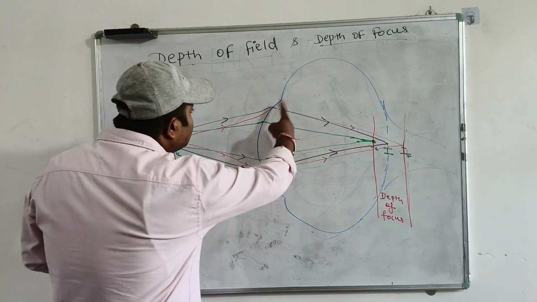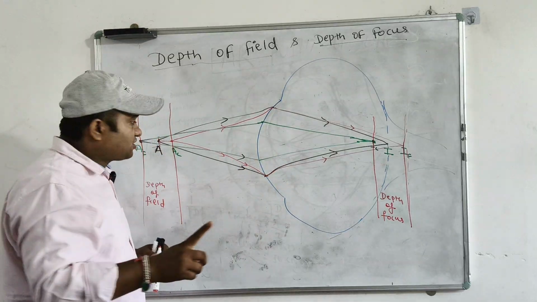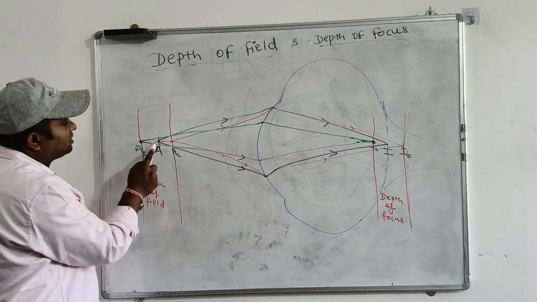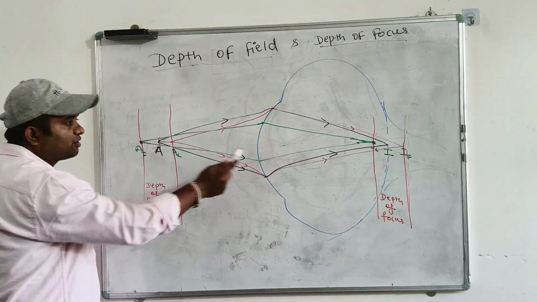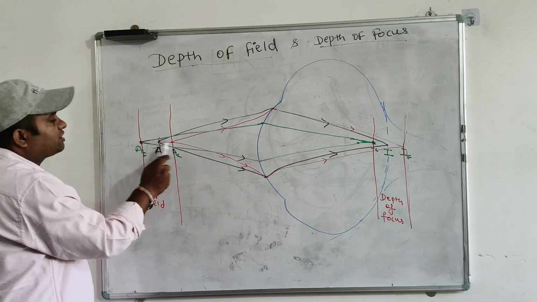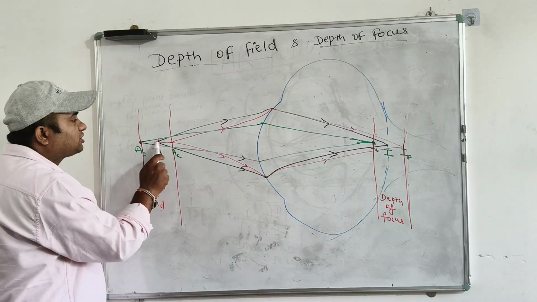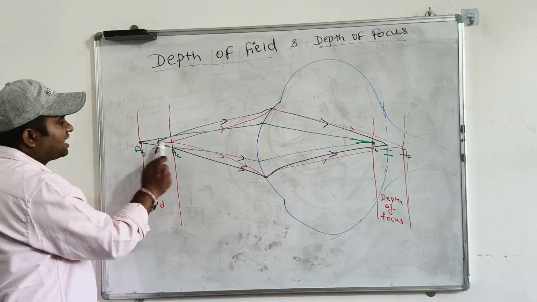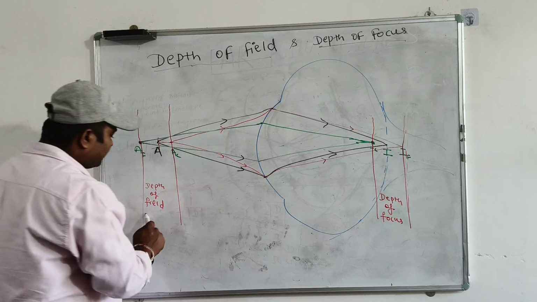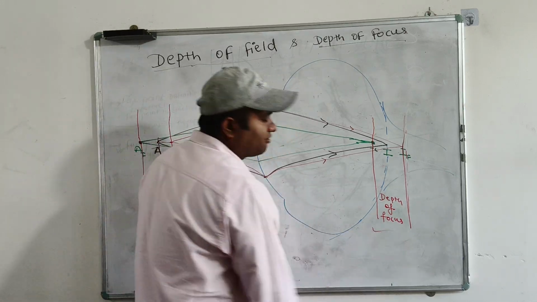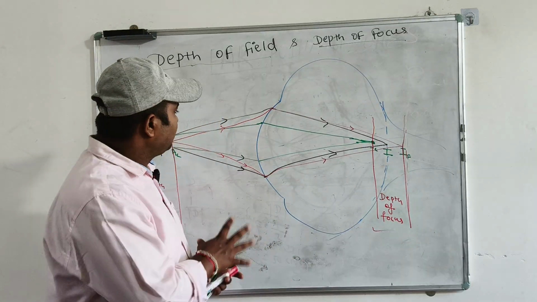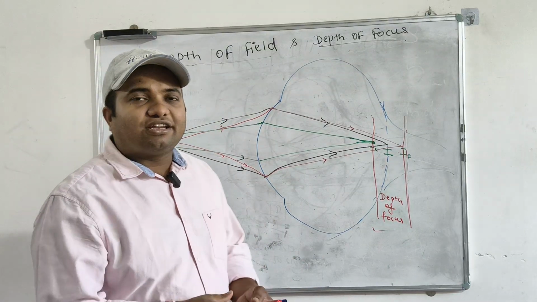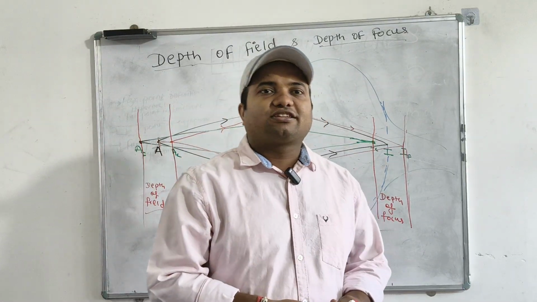Without change in accommodation does not mean accommodation is at rest, because the eye is focused for some certain distance, so accommodation is there. This range where you can see clearly without change in accommodation is called depth of field. The conjugate is depth of focus. I hope you have understood this clearly and your concept is clear. Thank you for watching these lectures. Thank you.